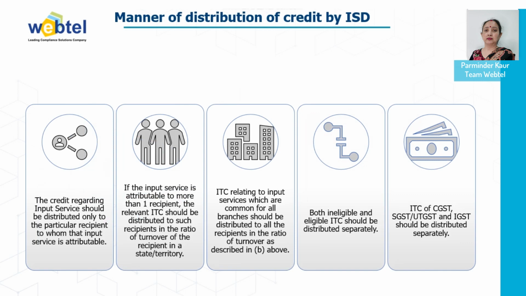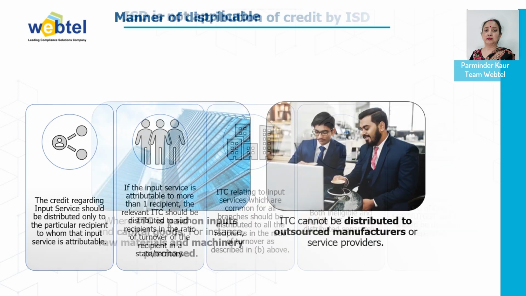Credit attributable to all recipients shall be distributed among such recipients on a pro rata basis of turnover in a state during the relevant period. Yes, eligible and ineligible ITC have to be shown separately in this distribution. Then ITC of CGST, SGST, UTGST and IGST should be distributed separately.